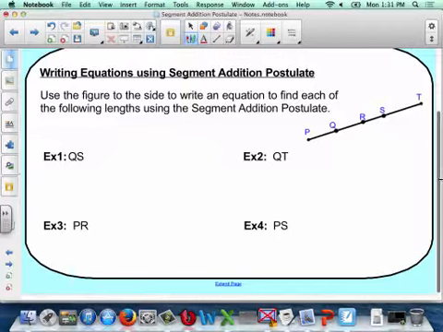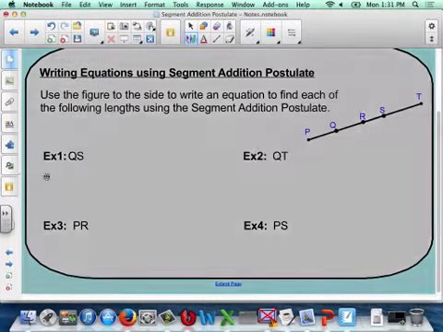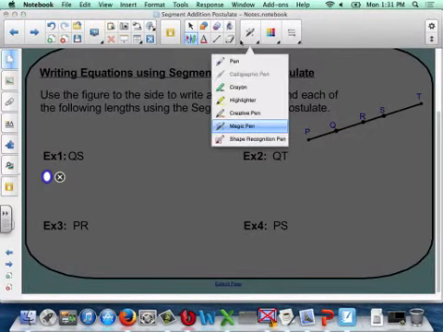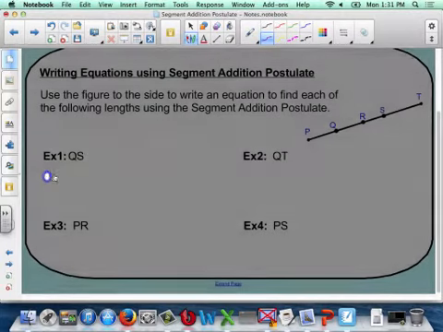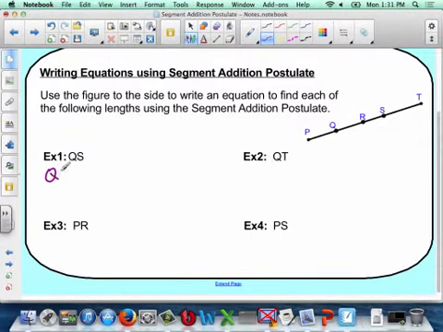Q to S. So QR plus RS equals... Okay, so QR plus what? RS. Yeah. Equals? QRS? No, just QS.